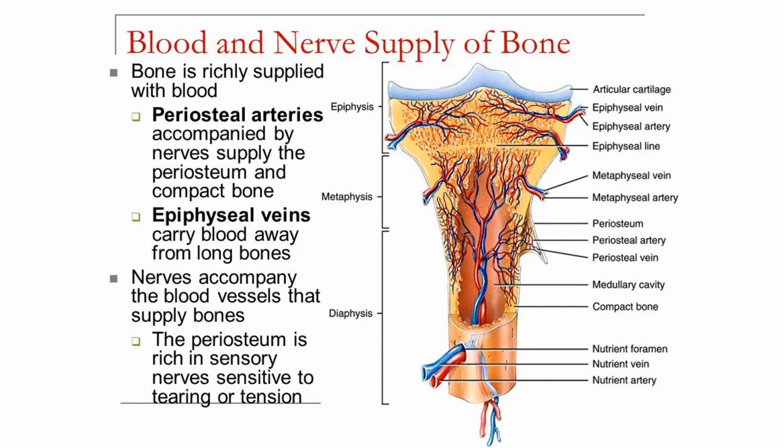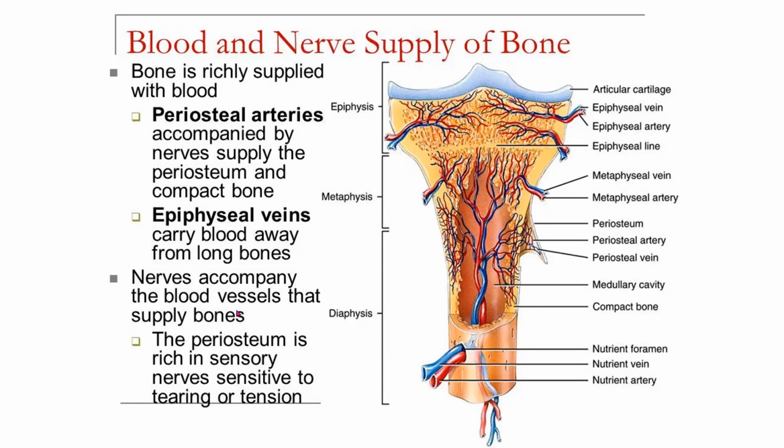And they also go along there on the outside, just to help sort things out. And the veins carry blood away from the epiphyseal veins. They carry the blood away.